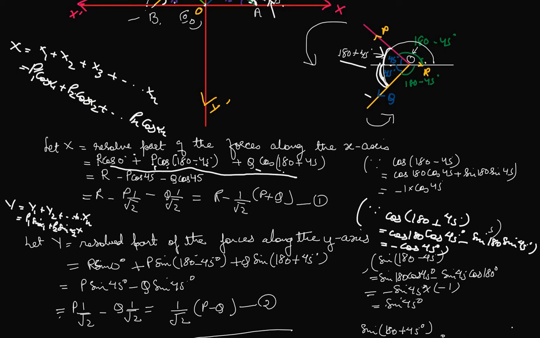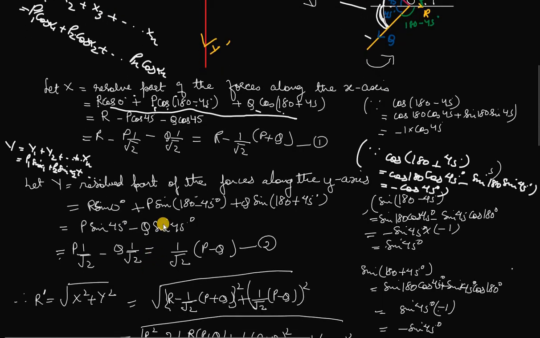Here alpha 1 is 0 degree, alpha 2 is 180 minus 45, alpha 3 is 180 plus 45. So you have R into sine of 0 degree plus P into sine of 180 minus 45 plus Q into sine of 180 plus 45. But sine 0 is equal to 0, so here you have P sine 45 minus Q into sine of 45.